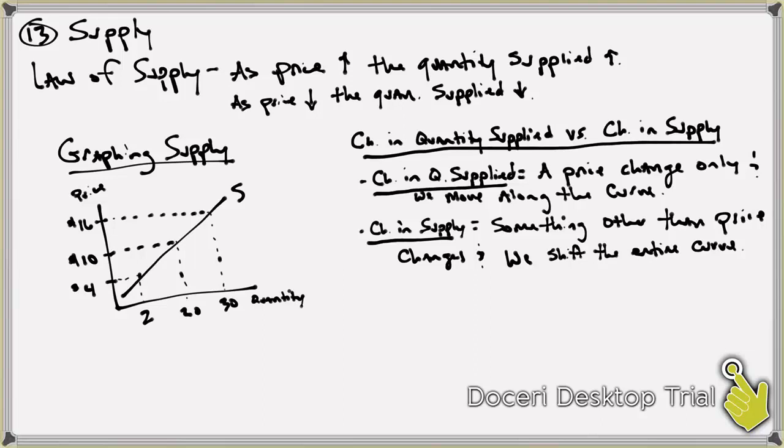Those are all the factors that cause the demand to change. Today, we talk about all the factors that cause the supply to change outside of price. So I'm going to skip ahead here, and we'll put supply determinants.